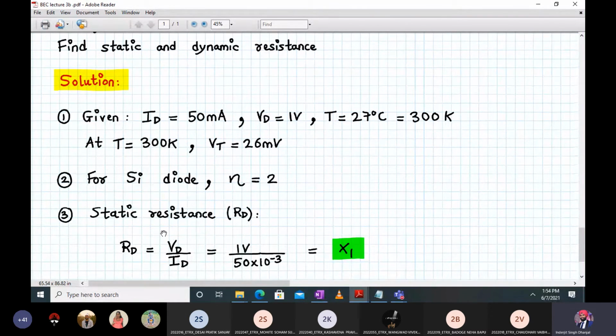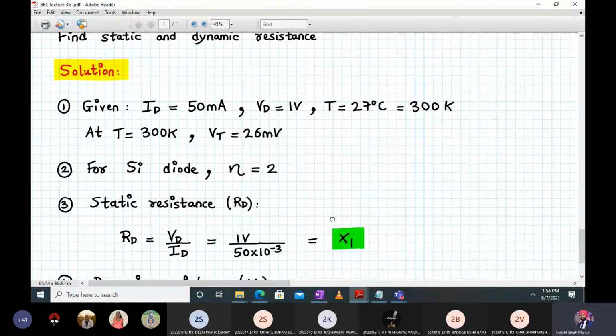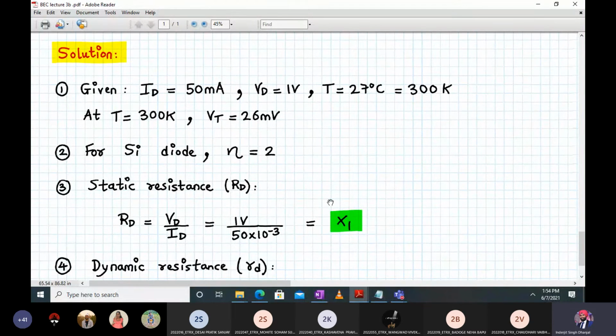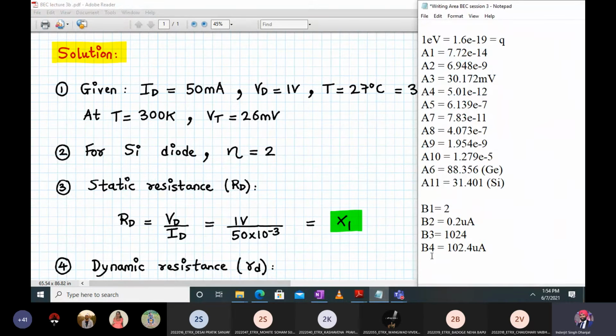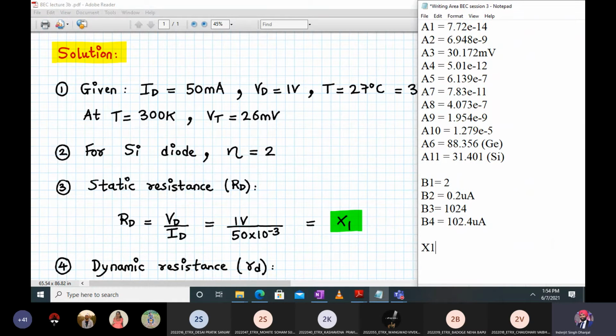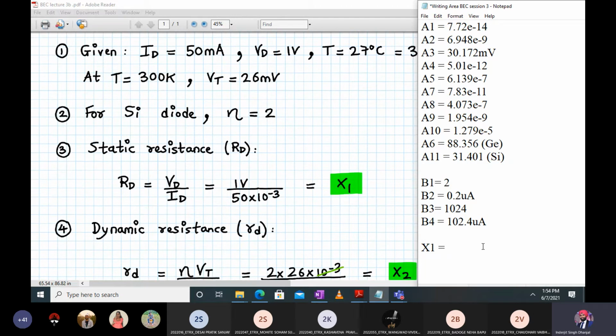Static resistance will be just VD upon ID. We have been given VD and ID, right? So calculate X1 and tell me the value of X1. What is X1? 1 volt divided by 50 milliamperes. Anyone? Quickly tell me. 20. Yes, 20 ohms.